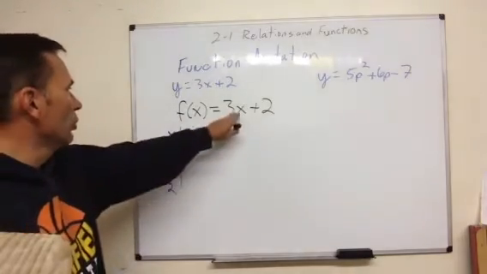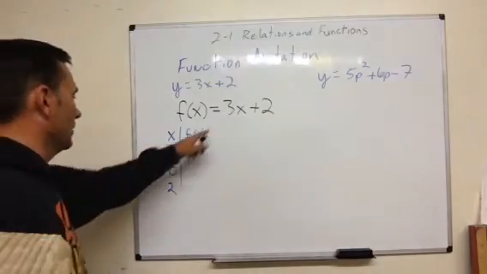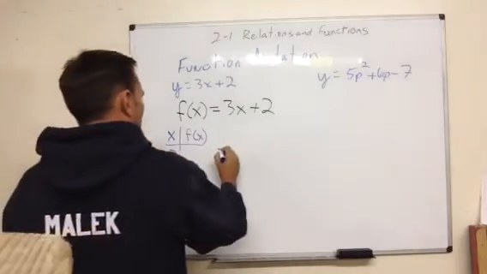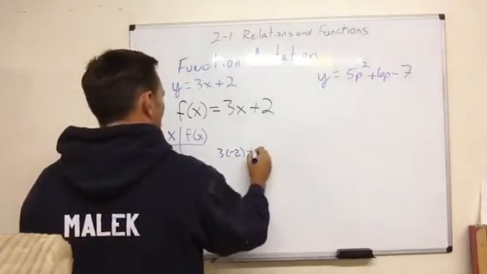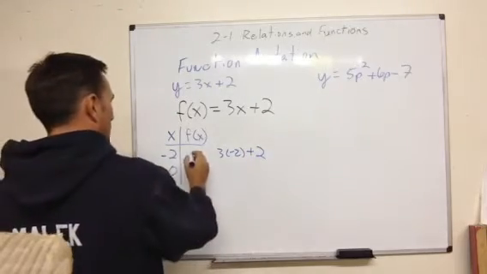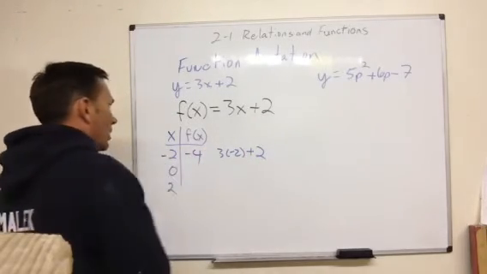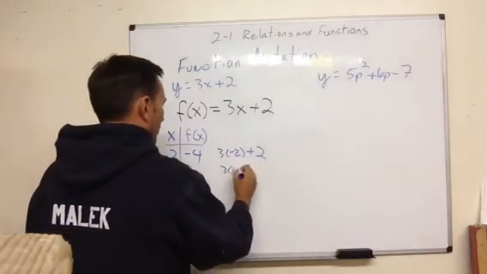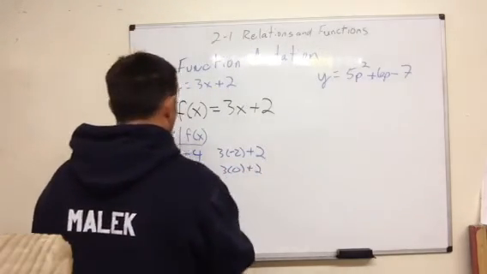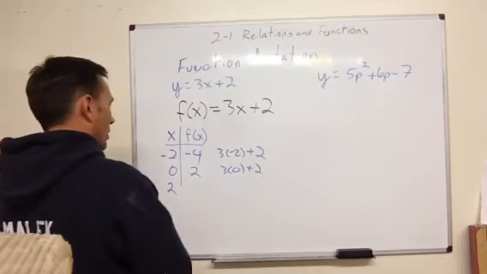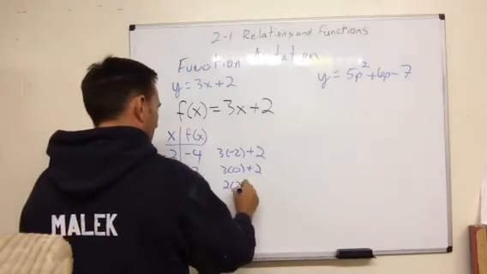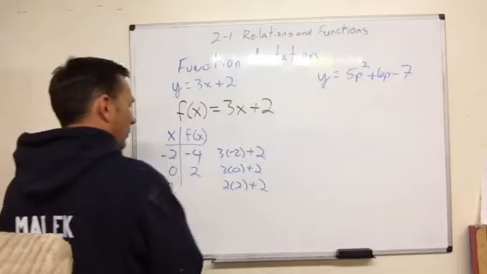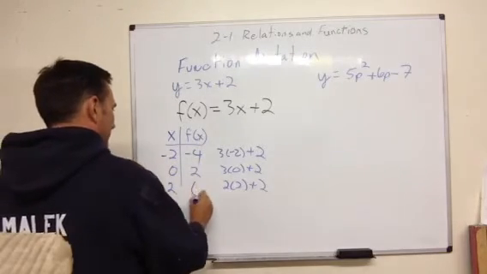If we plug -2 in here, we have 3 times -2 plus 2. When we work it out, it's -4. When we plug 0 in here, 3 times 0 plus 2 is +2. And if we plug 2 in here, 3 times 2 is 6, plus 2 is 8.